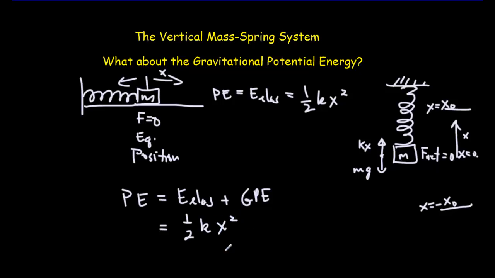So we'll still get the same expression here, even though it's including the gravitational potential energy. And that's really because we've shifted the equilibrium position. It's not anymore at the place where the spring was unstretched. Mathematically, we can treat the vertical spring exactly the same as the horizontal spring. It's not any more difficult for us.